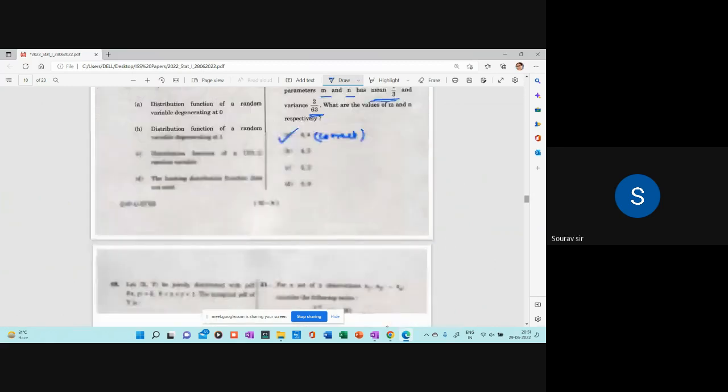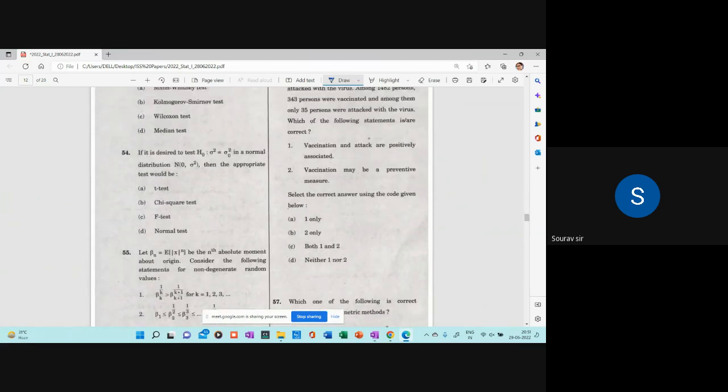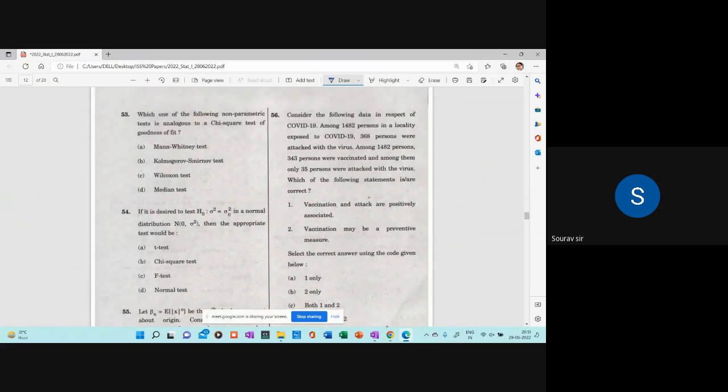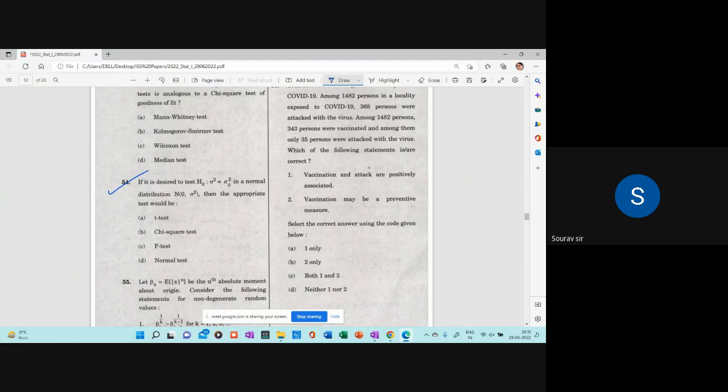Let's go and try out question number 54. Okay, this is not a question where you have to calculate anything. This is a question where you have to just observe and tell me the case. Here you have to detect which kind of testing it is.